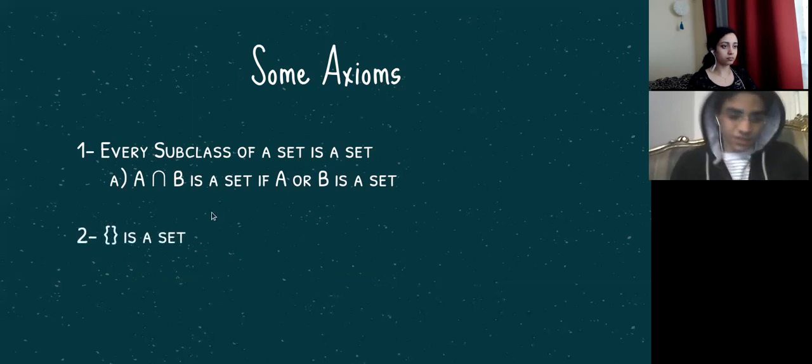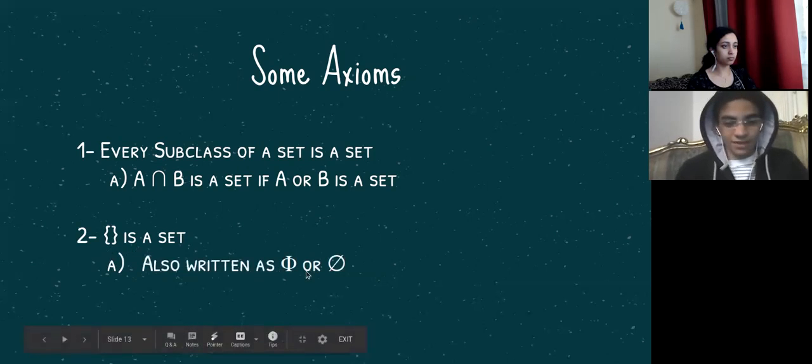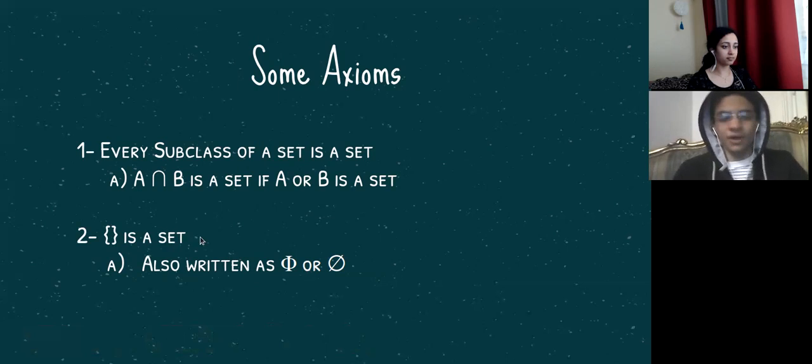The second axiom is that the empty set is a set. The empty set can be written simply as phi. So the second axiom that we'll be dealing with is that phi, the empty set, is a set.